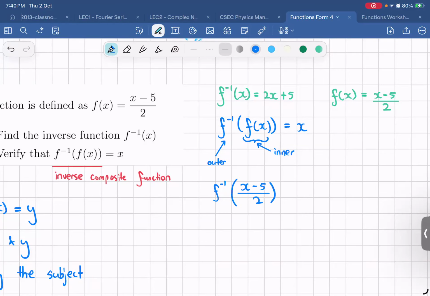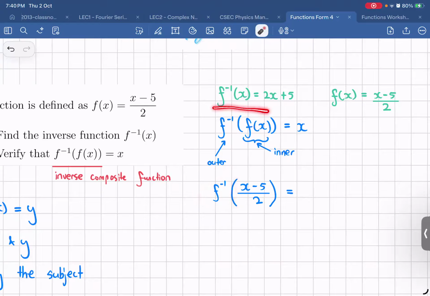And to find my final answer, which function am I going to use? Check the outer function. It's 2x plus 5, because you see an f inverse with something on the inside. That's this function.